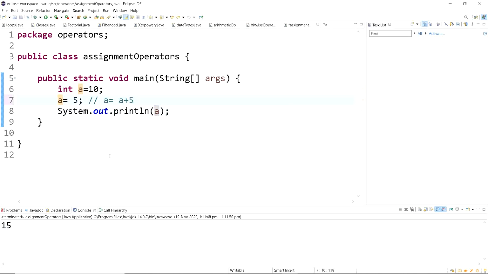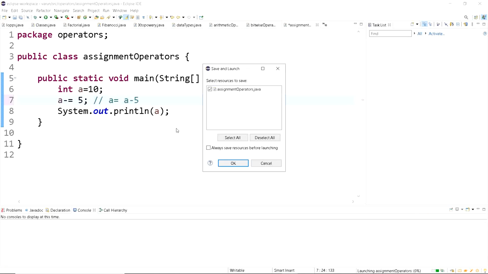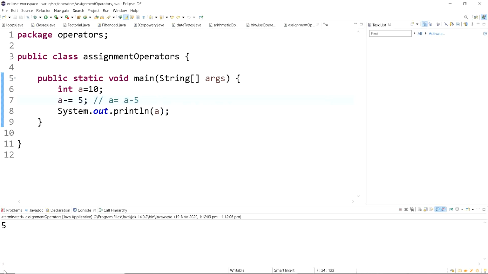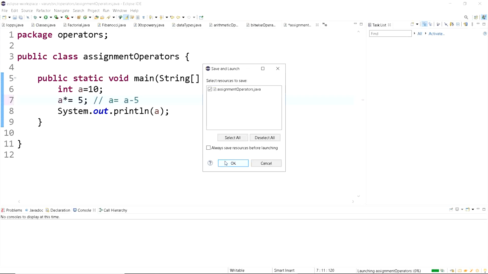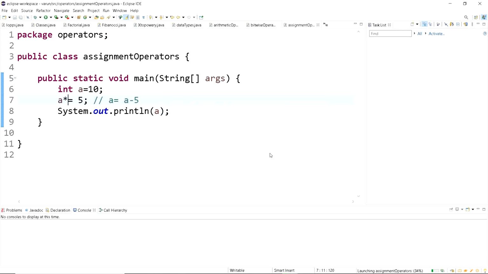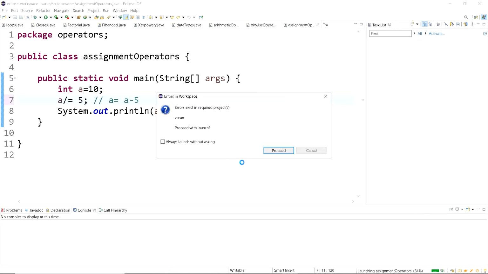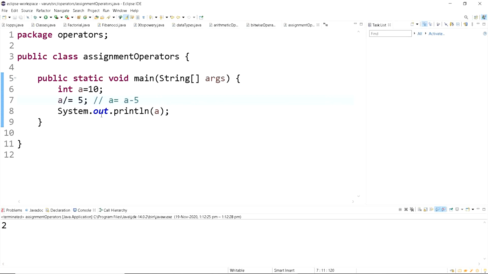So if we do a minus equals 5, it simply subtracts 5 from the original value. You can do all sorts of things with this, like a times 5, a divided by 5. We can even use AND or OR operators here.